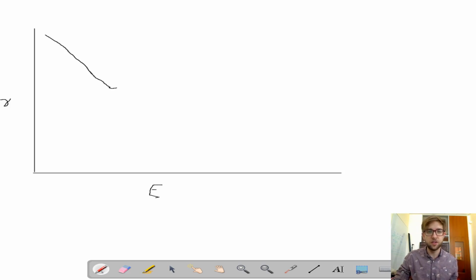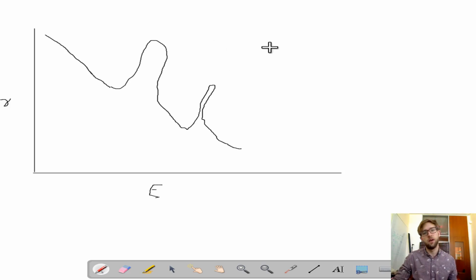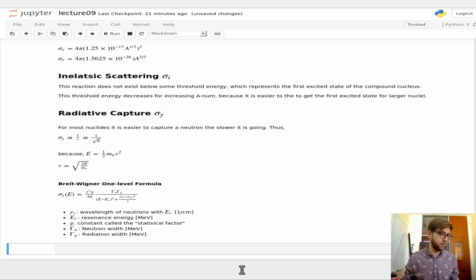And then occasionally we'll see these Gaussian-like resonances, where for some energy width it'll be much more likely to capture a neutron, basically because the nucleus has a neutron-sized hole for that particular energy, and the neutron will just be captured. Okay, so that is the radiative capture bit.